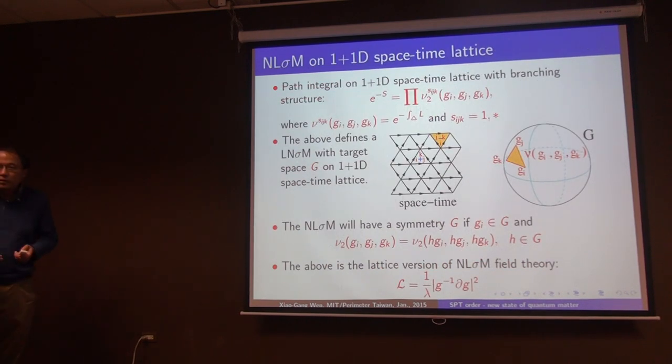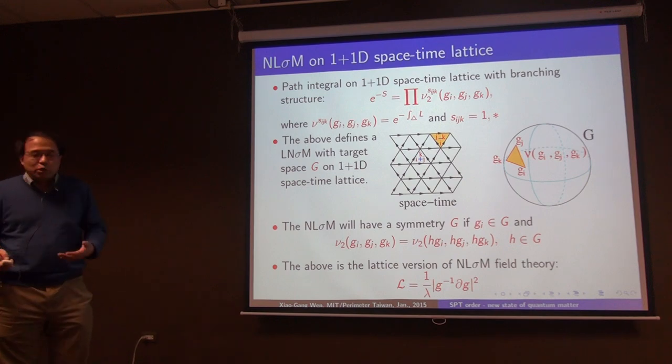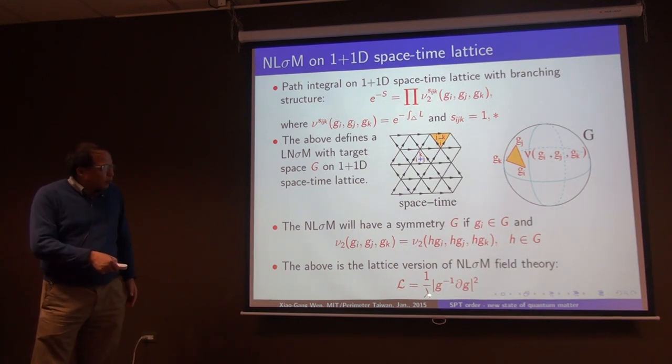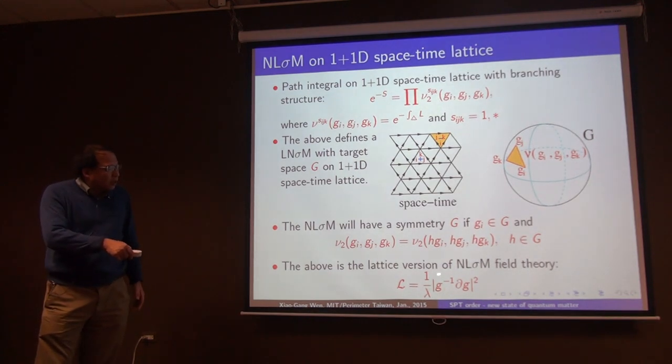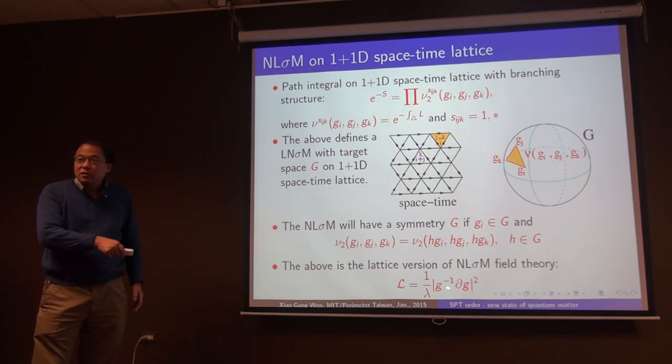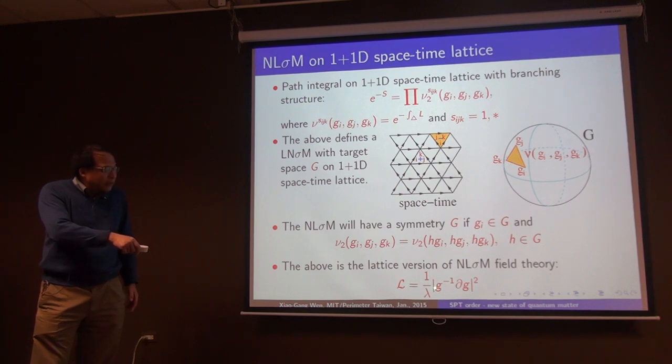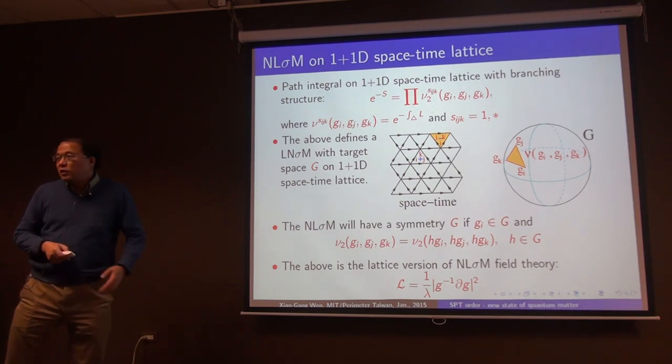Remember when we do the RG in the field theory, we say in a large lambda phase, lambda would flow to infinity. And remember, this term is the real part of the action, and the topological term is the imaginary part. And lambda flowing to infinity means the real part is always equal to 0.